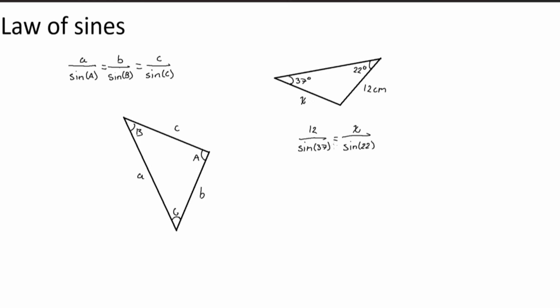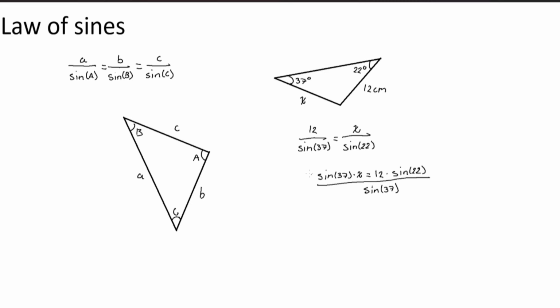So sine of 37 multiplied by x is equal to 12 times sine of 22, since we're cross multiplying. Now, how do we solve for x? We can divide both sides by the sine of 37. You may be wondering why divide by the sine of 37.